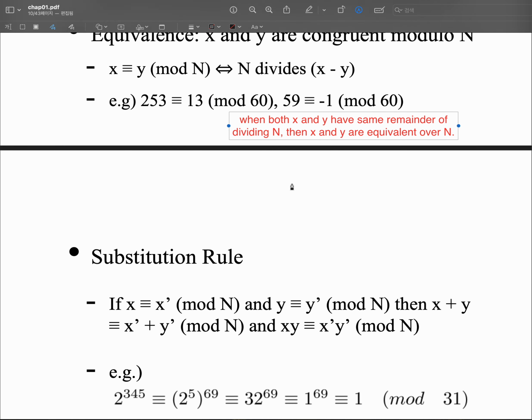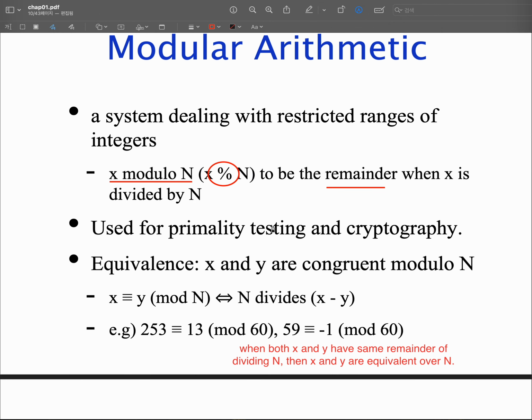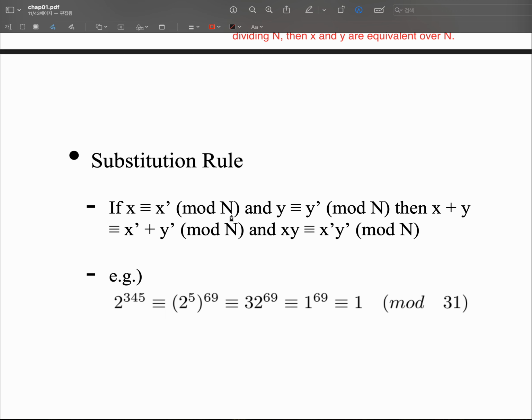And for the modular operation, there's a rule called the substitution rule. If x and x prime are equivalent, and y and y prime are equivalent over the same number n, then x plus y is equivalent to x prime plus y prime over modulo n, and x times y is equivalent to x prime times y prime over modulo n.